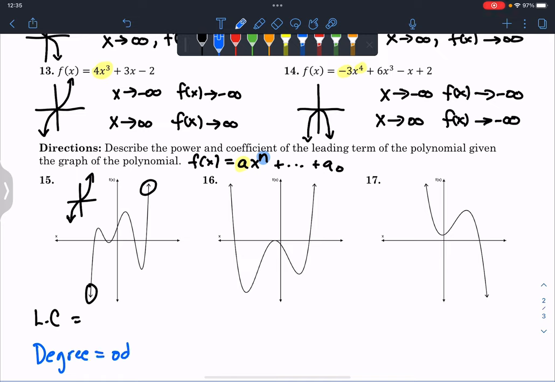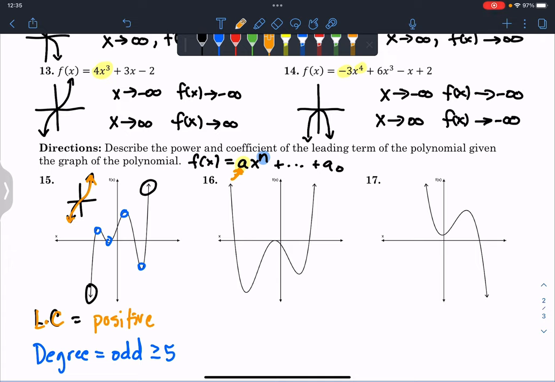So our degree has to be some odd number, and because of the number of turning points, 1, 2, 3, 4 turning points, it has to be an odd number greater than or equal to 5. Because it's behaving exactly like this power function, we also know that the leading coefficient, the number a, not the exponent, has to be a positive number as a result.